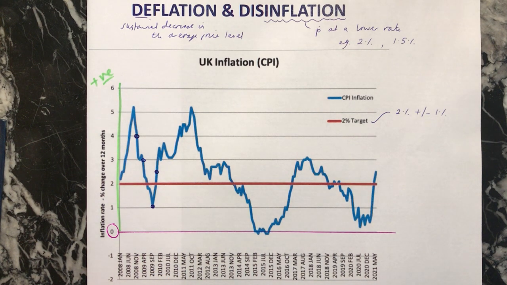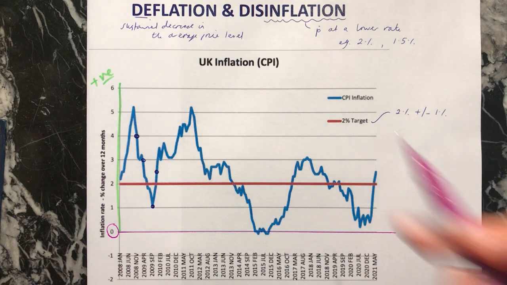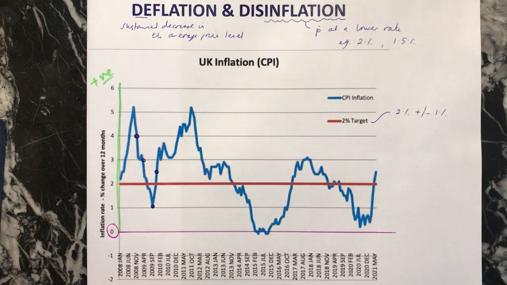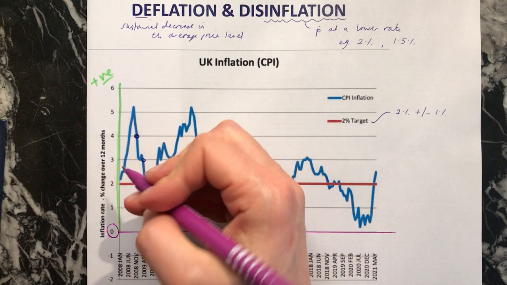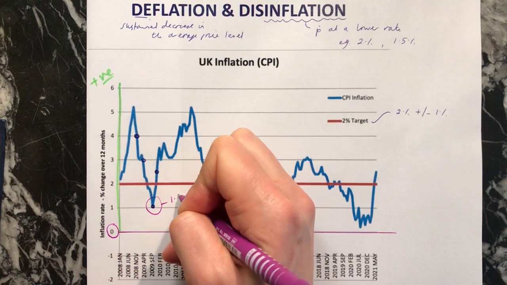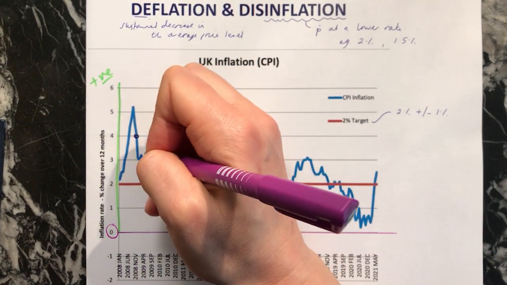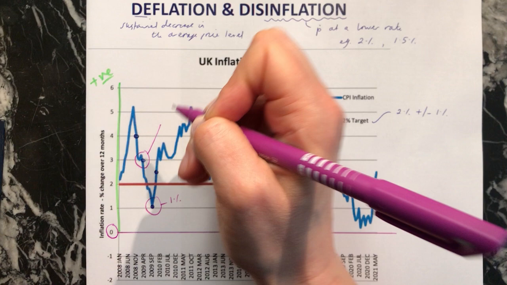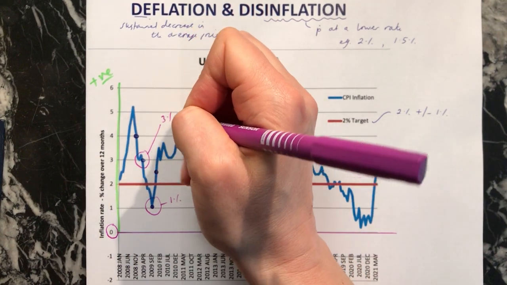However, on some of the chart, we are seeing disinflation. And that's because your rate of inflation is lower than it was previously. So for example, here, the rate of inflation is 1%, whereas at this point, it was 3%.